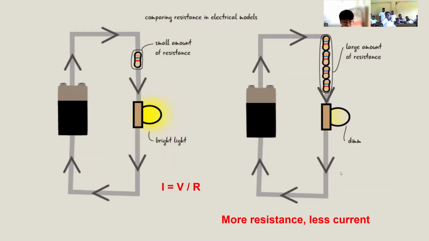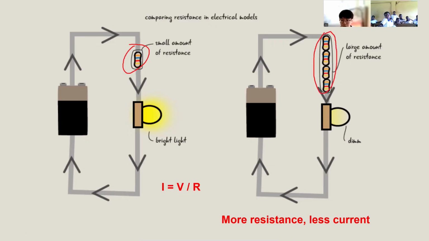Same with resistance here. Again, I equals V over R. So let's look at how the resistance changes from the picture on the left to the picture on the right. On the left, there is only one resistor, so it'll be like 1 R, for example. But on the right, there are 4 resistors.